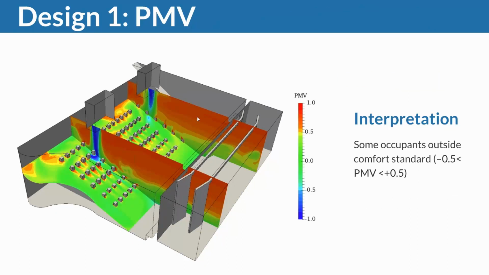And now what we're here for, right? We want to make sure that our design meets the standard we're designing for. And I can see already right here, right now, oh, that's going to be tough, right? Remember, what we want is our PMV, our predicted mean vote, to be between -0.5 and 0.5, right?